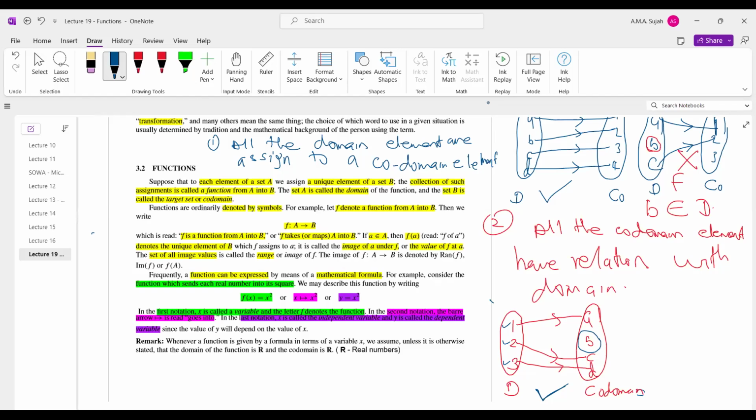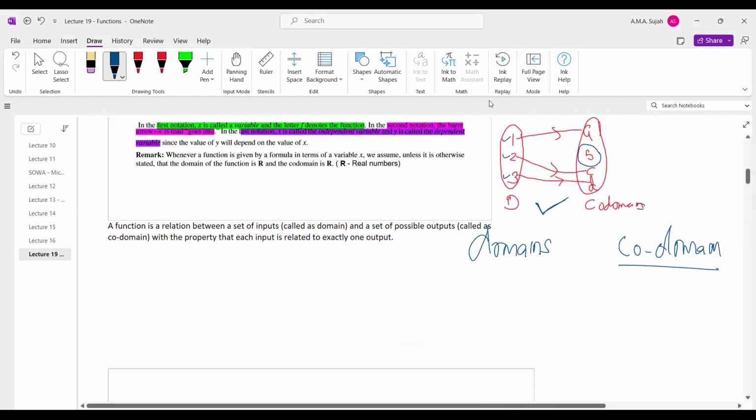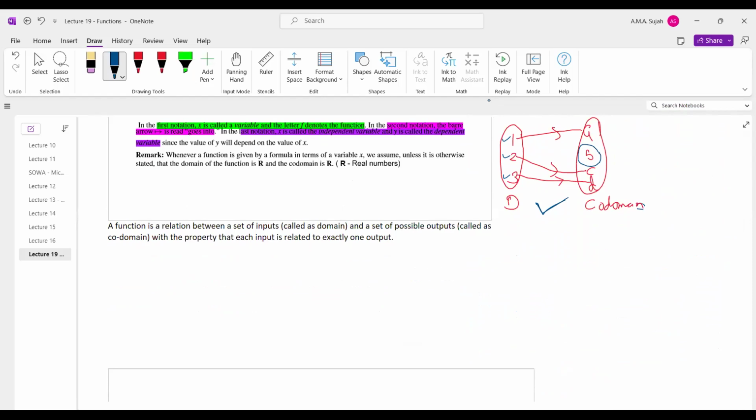The third point says one domain element cannot be related with more than one codomain element. Did you understand?